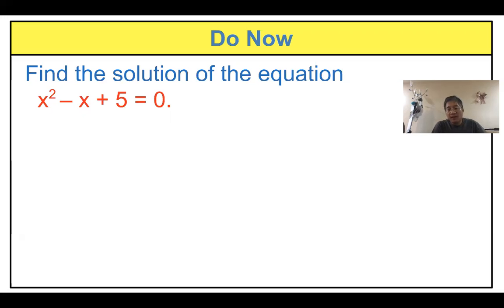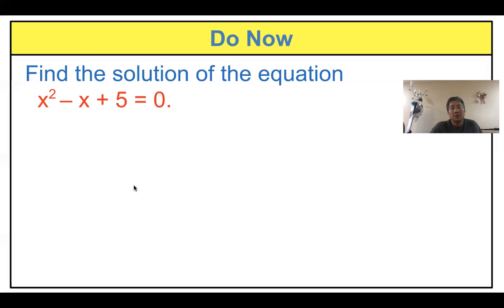You cannot find two numbers that add to -1, b is -1, and multiply to 5. To be 5, 1 and 5, only one option, right? 1 and 5, either positive, positive or negative, negative. You cannot make -1 by adding, right? Then it's not an integer root.